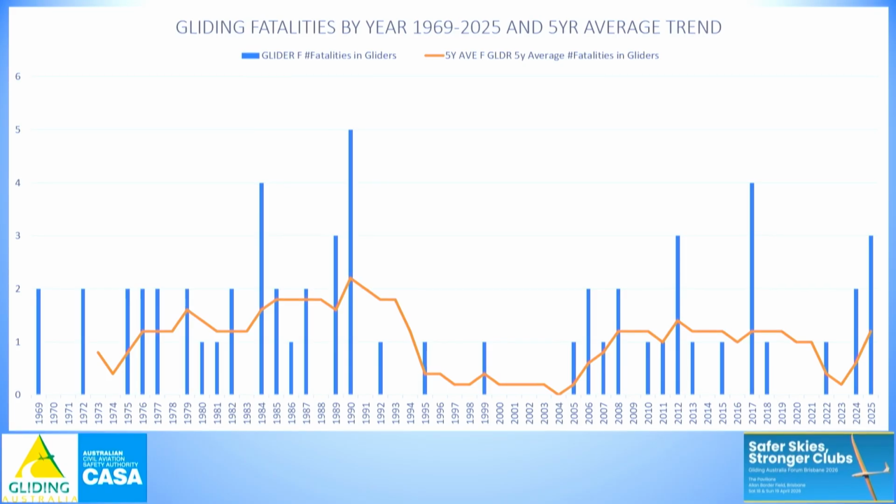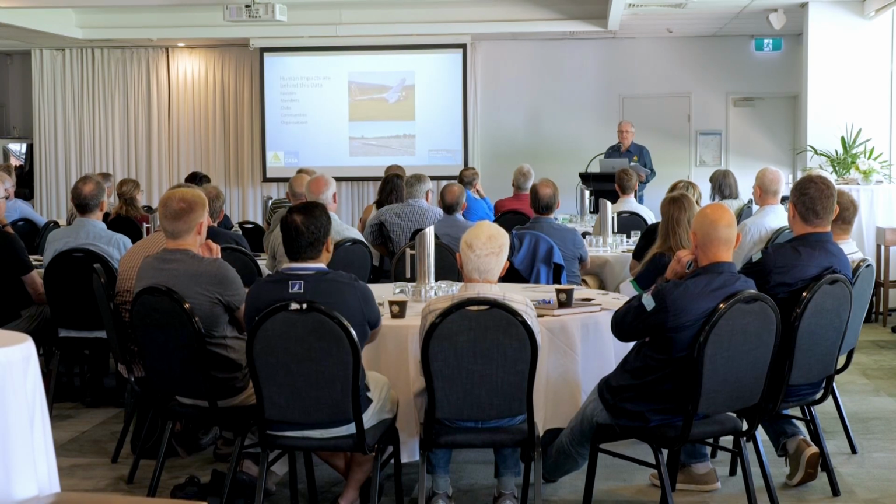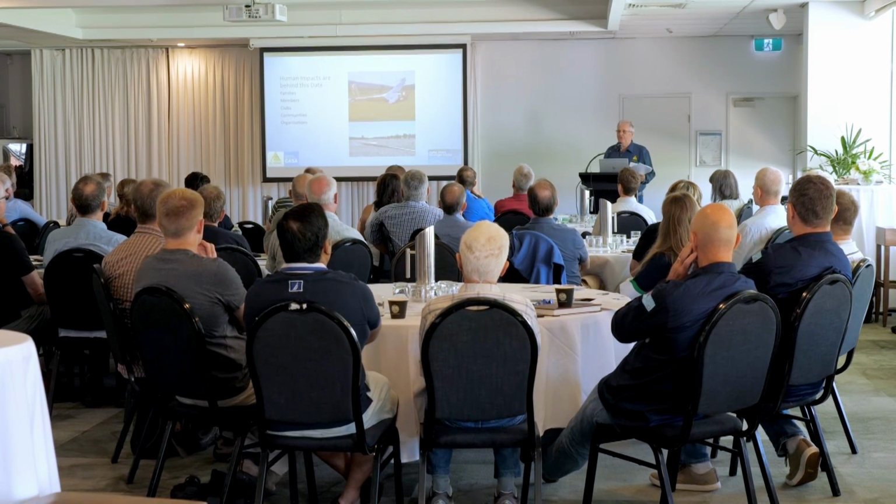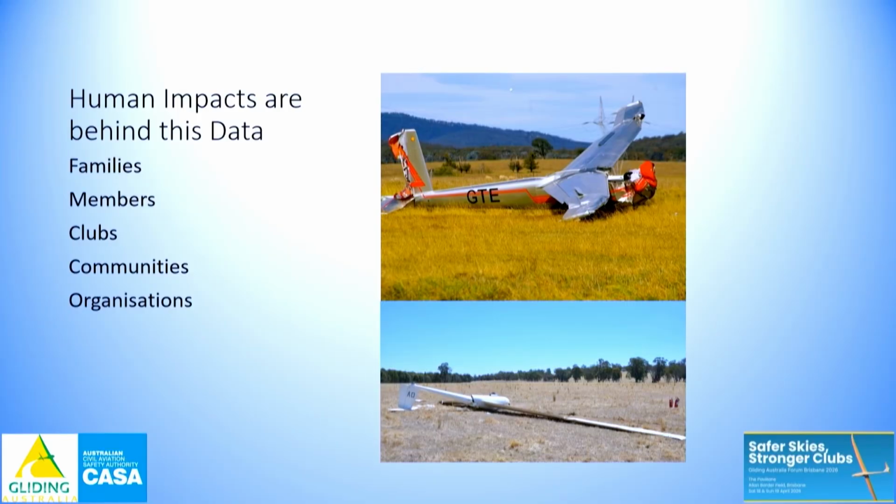I remind everyone, and some of you have recent experience in this department, that each one of these accidents has real human impacts. It affects lives, families and friends, members, clubs, communities. It affects this whole organisation. It affects those of us involved in the investigation and harvesting the lessons from these accidents.